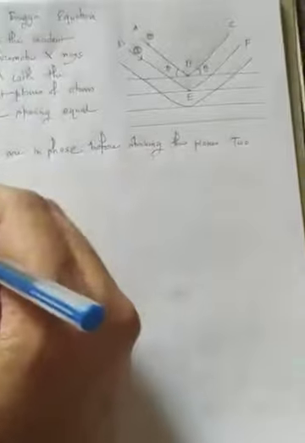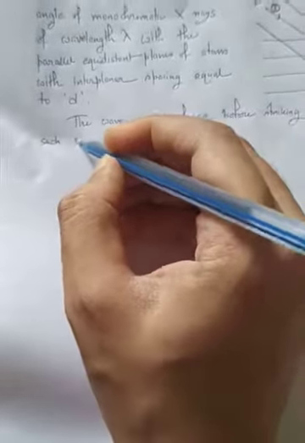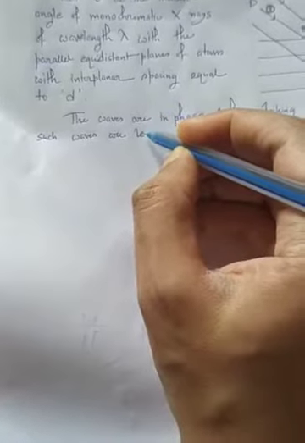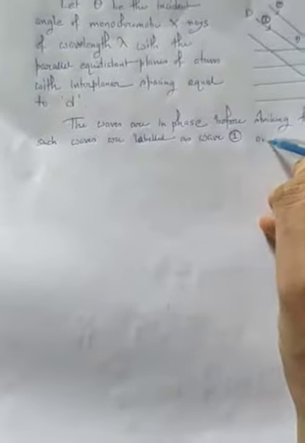So two such waves are labeled as wave 1 and wave 2 in the figure.